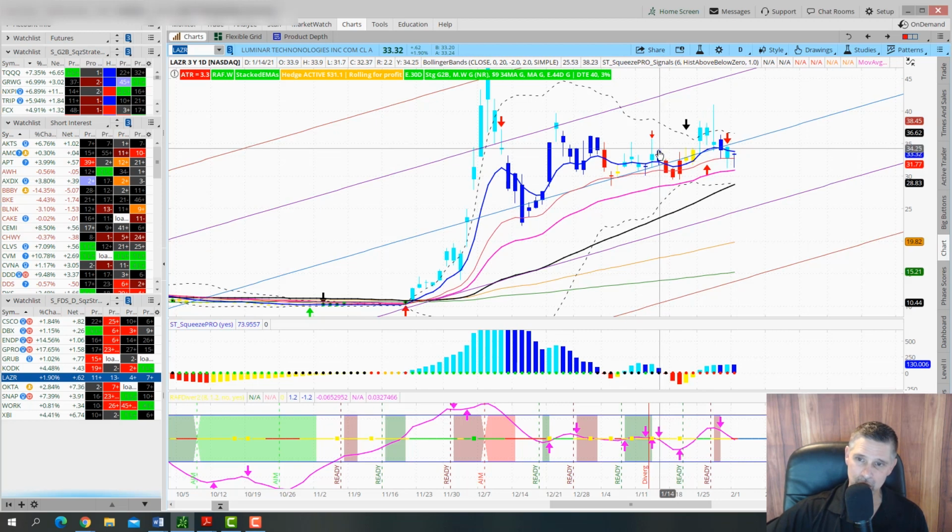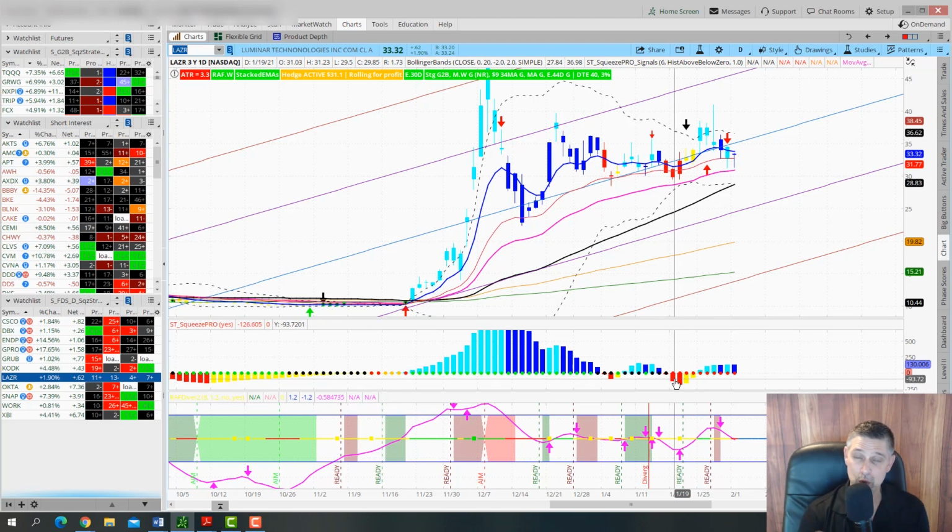Okay, now, if you notice here in this part, it's red. So for those of you that know the Squeeze Pro, you know that the red means that it's strong bearish momentum. The yellow is bearish momentum, but the bearish momentum is weakening. It's going from weak to starting to turn to bullish.